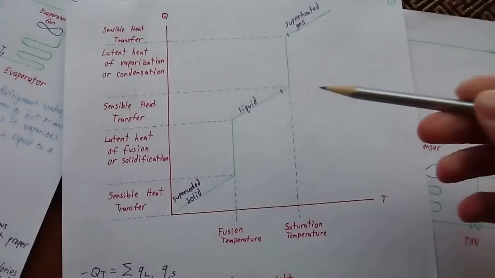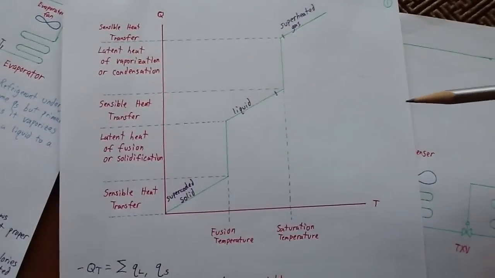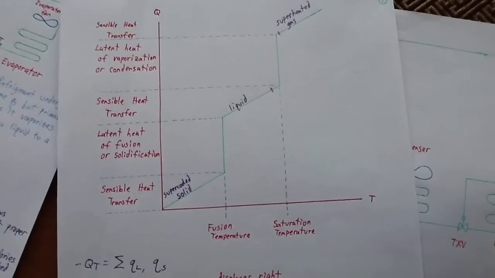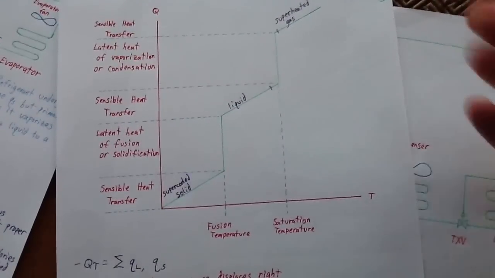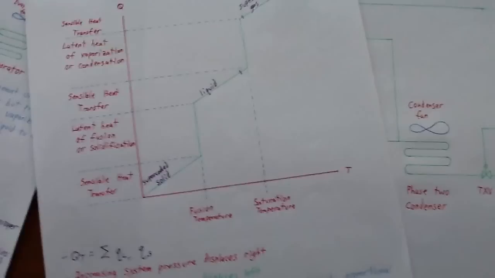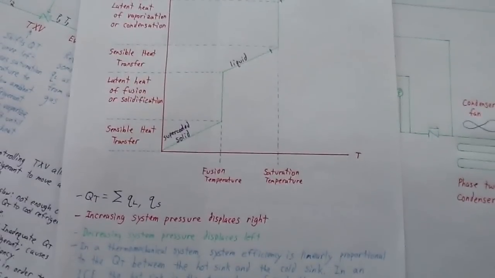And as we said earlier, the amount of efficiency in any thermomechanical system is linearly proportional to the difference of the temperature of the hot sink and the cold sink. So again, the cold sink is the liquid refrigerant, and the hot sink is the temperature of the refrigerant at its highest point, which is right after the compressor.